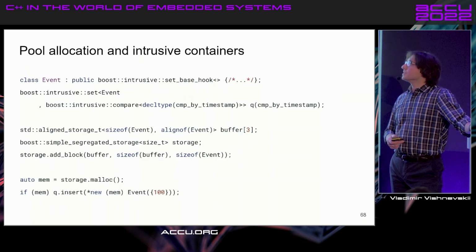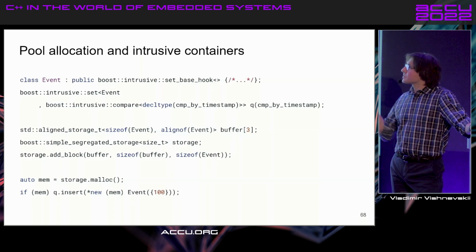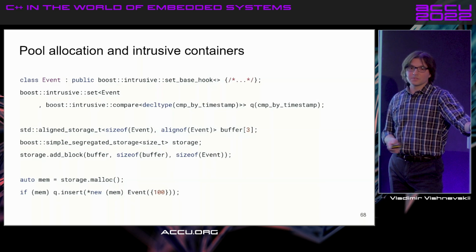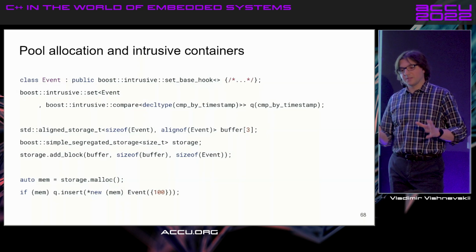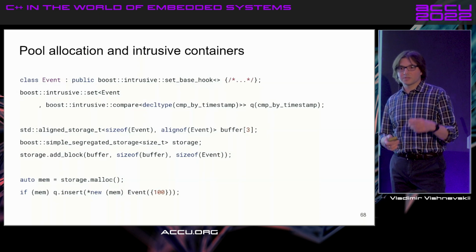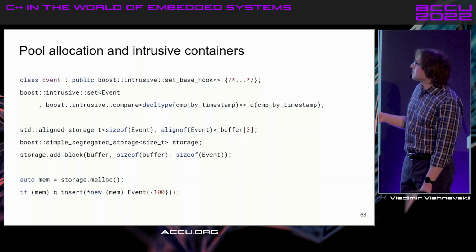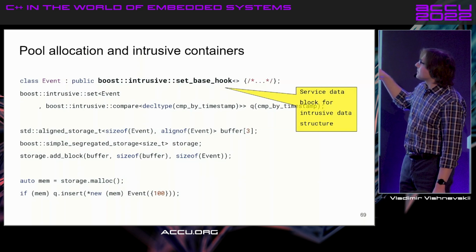Another approach that can be used is pool allocation. Here is a combined example of pool allocation with intrusive containers. If we have items that are all of the same size, we can actually benefit from pool allocation.